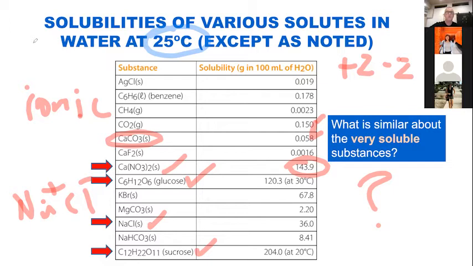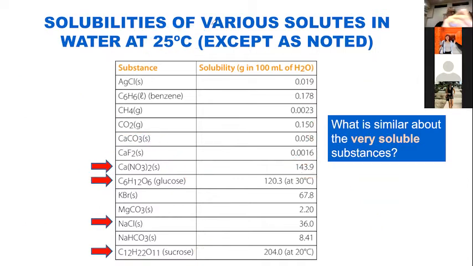And then what's similar about sucrose and glucose? They're not ionic, but they're very, very soluble. What's similar about them? Other than they're both sweet. So we have glucose here and sucrose there.